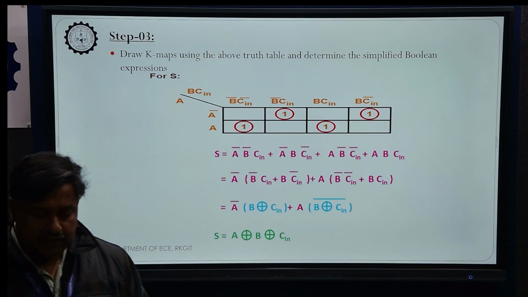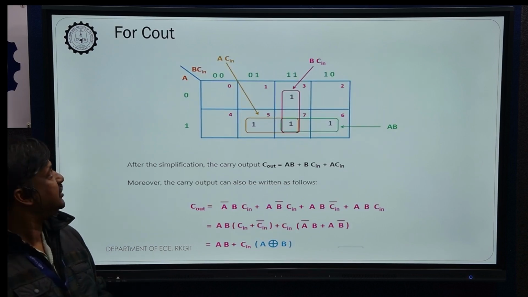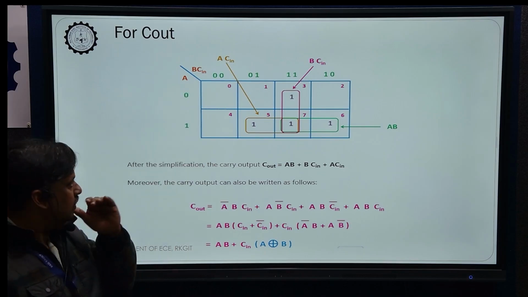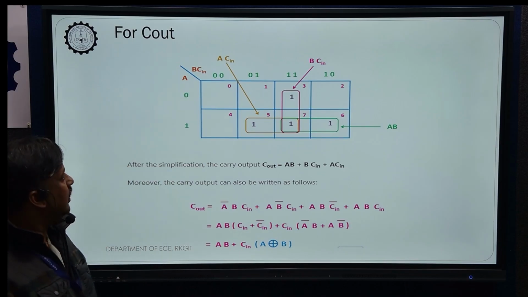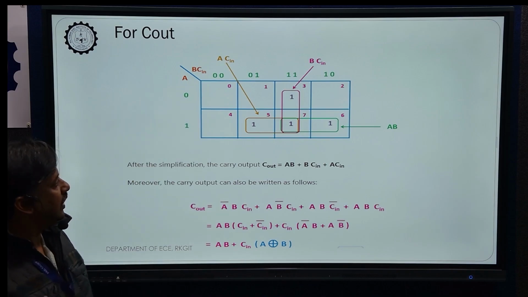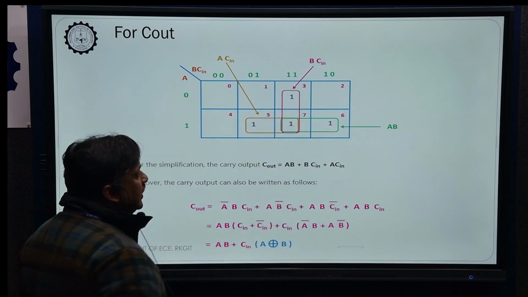Now coming to the next K map, that is for the carry out. This is the entry for carry out. We have a 3 variable K map with 8 cells and the entries in 3, 5, 7 and 6.